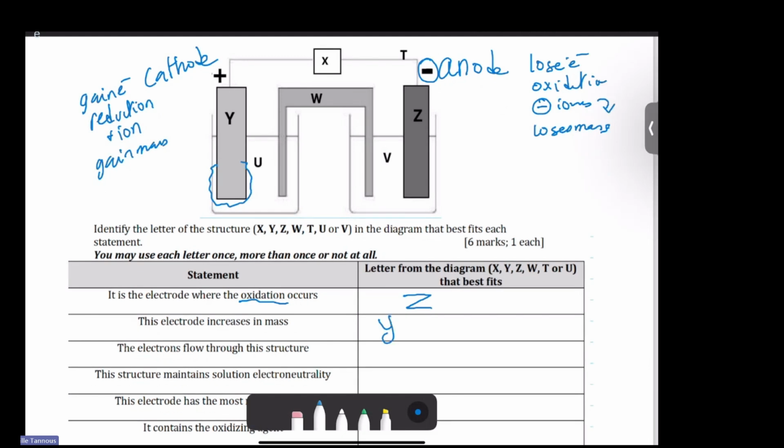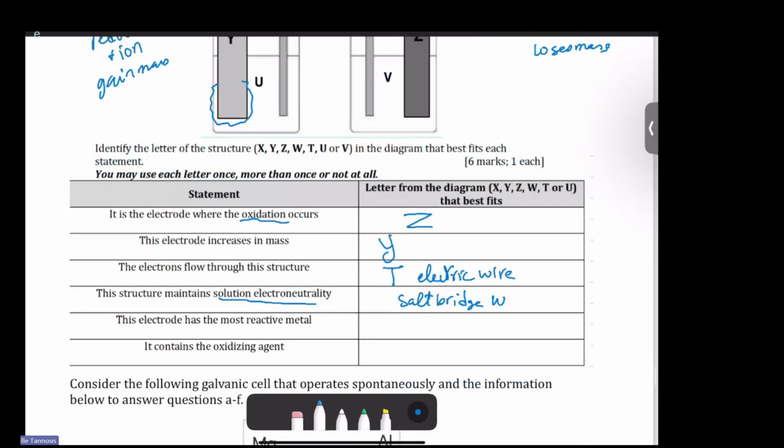Electron flow through wire T, the electric wire. The structure that maintains solution electron neutrality is the salt bridge. The electrode that has the most reactive metal is the one that gets oxidized.